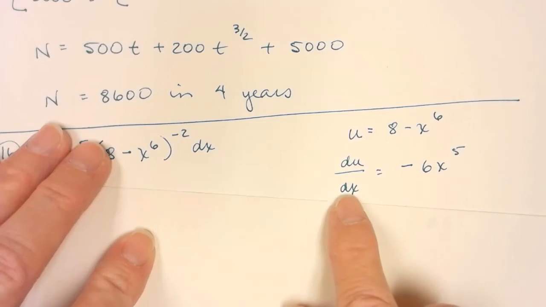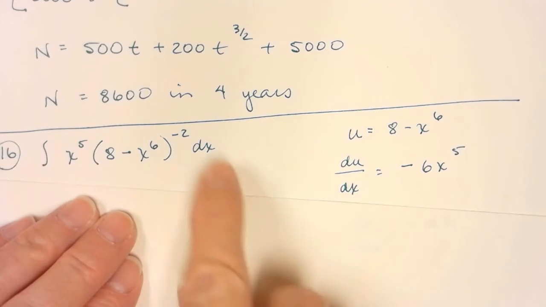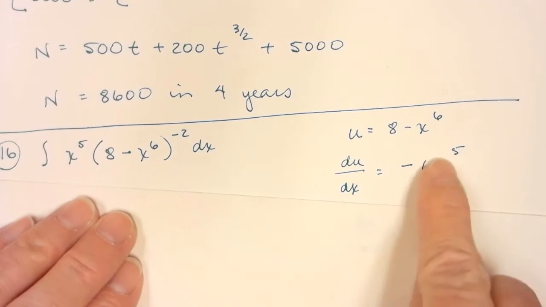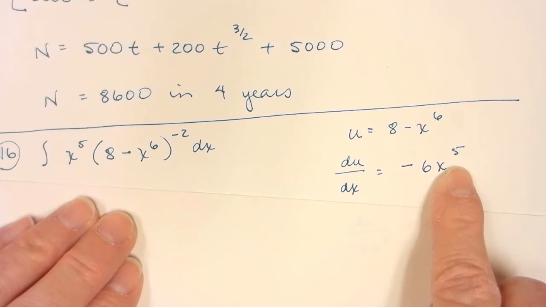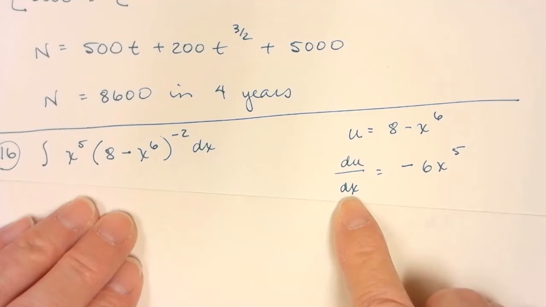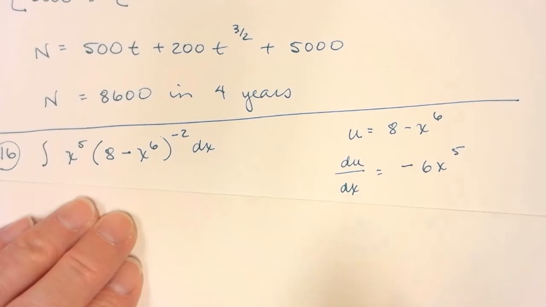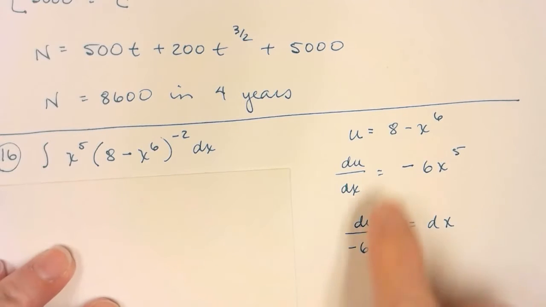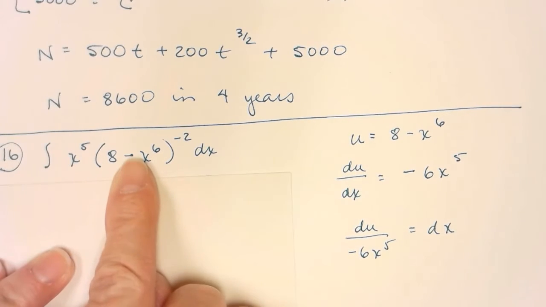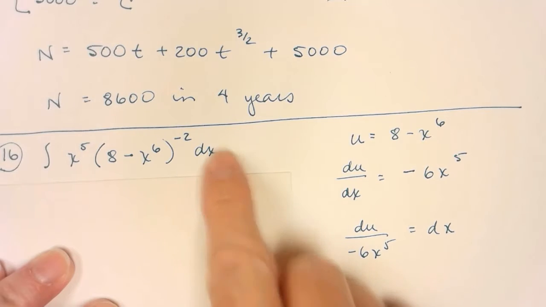But now I need to solve for dx because I'm going to do some substitution. So I flip-flop these two. If you multiply by dx then divide by that, technically you are flip-flopping. So I come up with that. So I'm going to put u here, all this in for dx, and clean it up.